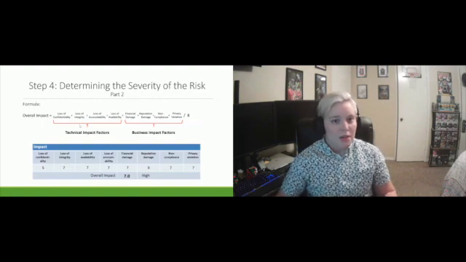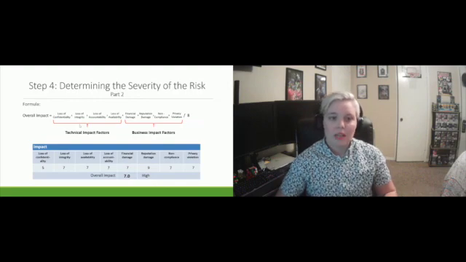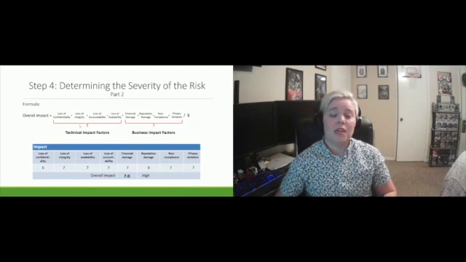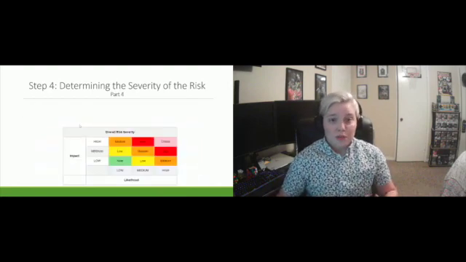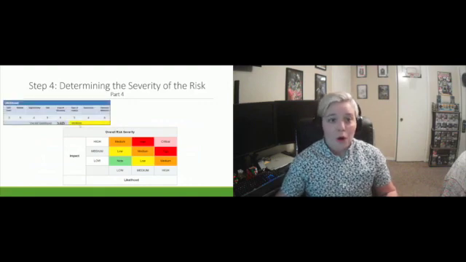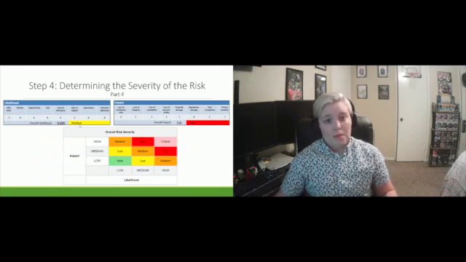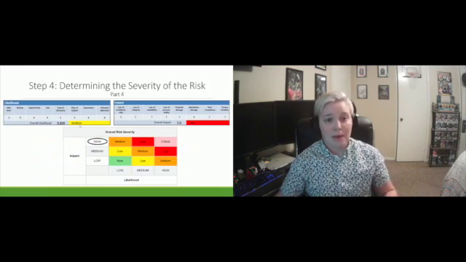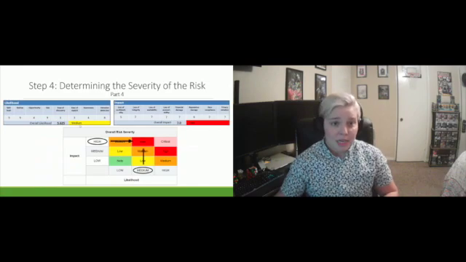We then go ahead and do the exact same process to determine the overall impact. We plug in our values, average them out across the 8 factors, and determine an overall impact score of, in this example, 7, which correlates to high. Once you've got your overall likelihood and overall impact determined, we can then utilize this heat map to map out, we have an impact of high, a likelihood of medium.